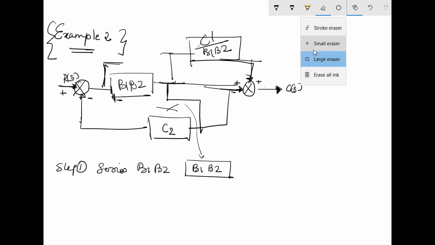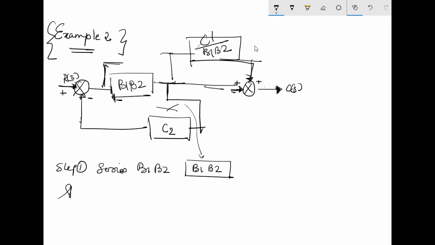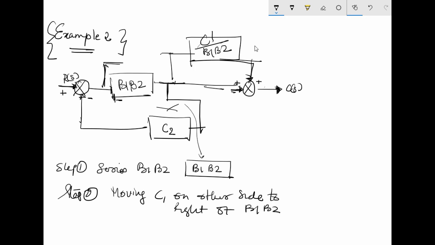So this is how it will look at the end of step 2, that is, moving C1 to the right of B1 B2.